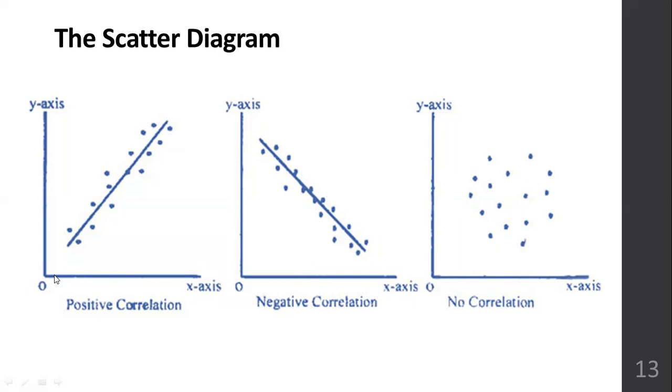The more you smoke, the more will be the risk of developing lung cancer. With an increase in the incidence of smoking, an increase in the incidence of lung cancer is also seen. Both sides are increasing. That is a positive correlation. When the variable on the x-axis increases, it has an effect on the y-axis as well. The y-axis will also increase.